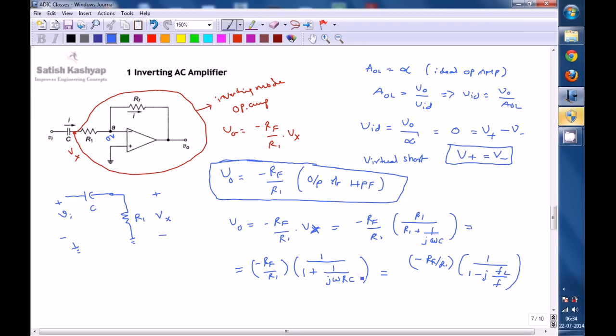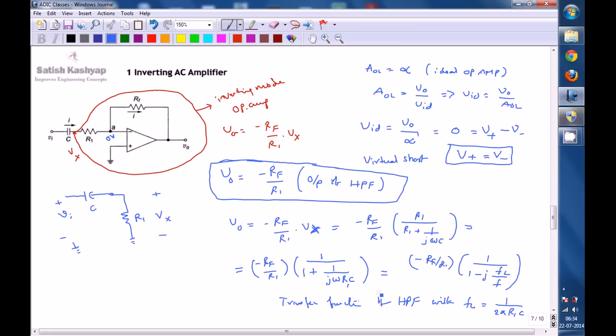So this is the transfer function of a high pass filter, with lower cutoff frequency fL, whose value is nothing but 1 by 2 pi R1 C. This is R1.